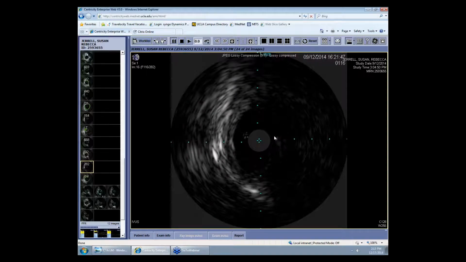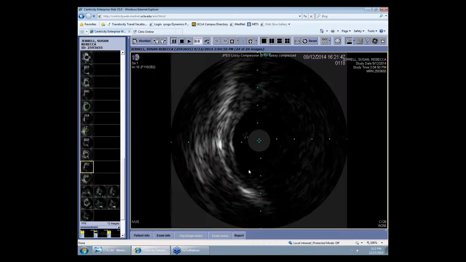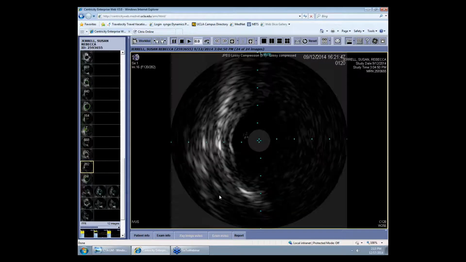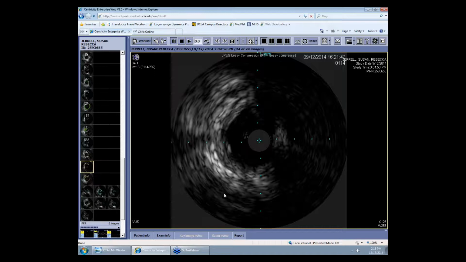See, like over here, it looks like the lumen goes in this direction, which would be more elliptical rather than circular. But it doesn't look that compressed to me. Here, maybe this one's a little bit better.